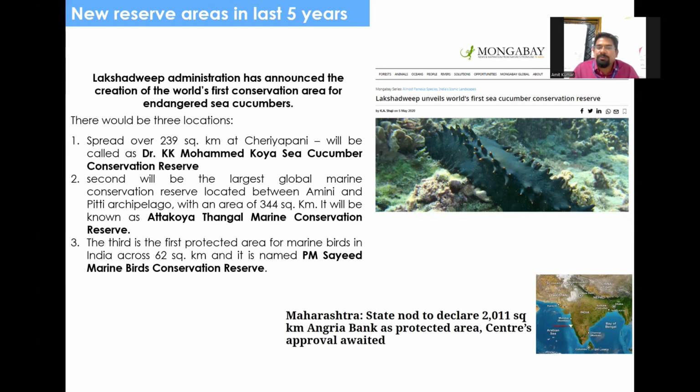Similarly, in the archipelago, we have the Atakoya Tangal Marine Conserve Research. We also have marine bird protected areas, the PM Sayyid Marine Bird Conservation Reserve. With the number of researchers working toward marine conservation, Maharashtra gave the note to declare 2011 square kilometers of Angria Bank as a protected area, though I think central approval is awaited.